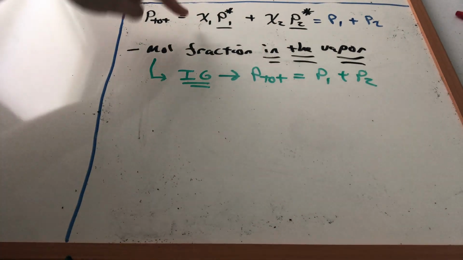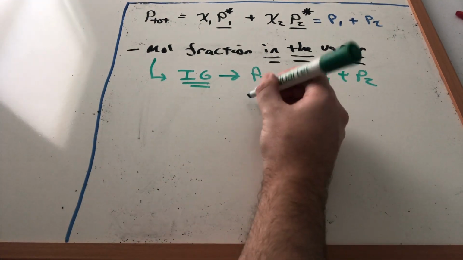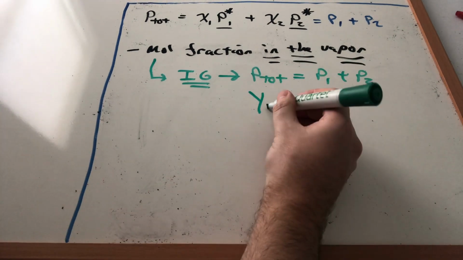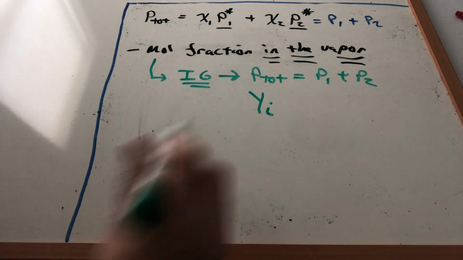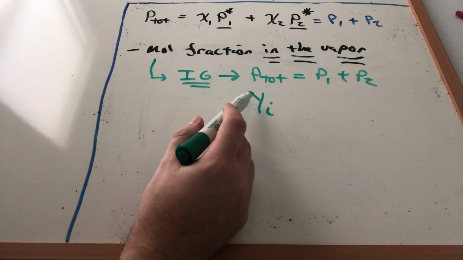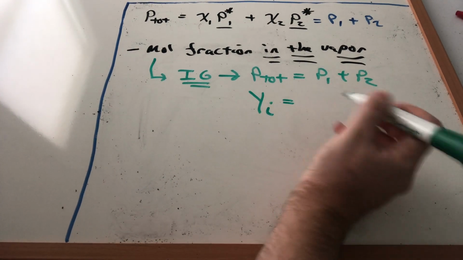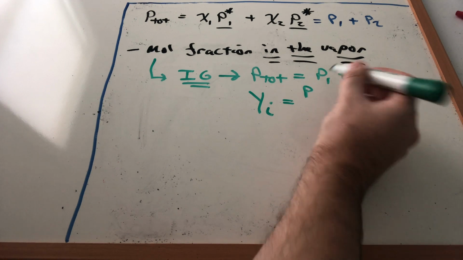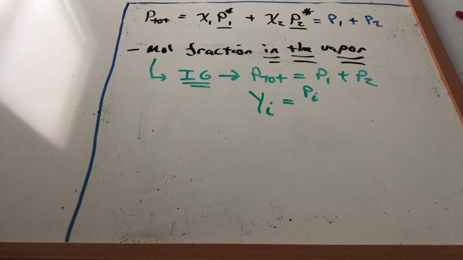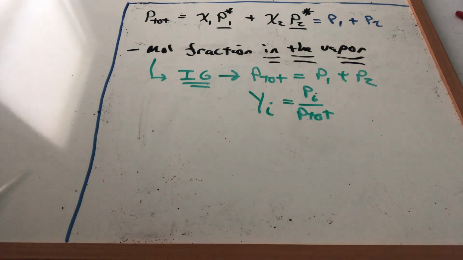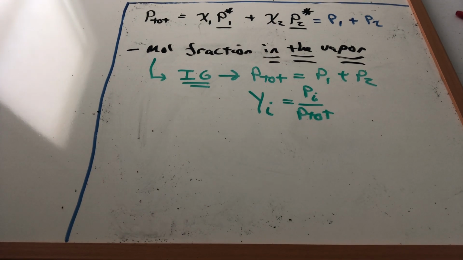How does mole fraction in the gas phase matter, what's that other part of Dalton's law of partial pressures? I'm going to call the mole fraction in the gas phase Y. If you remember from general chemistry, you take that partial pressure, the pressure from that one part, and divide it by the total pressure.